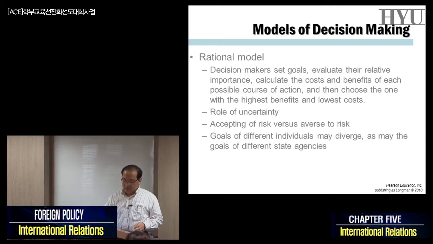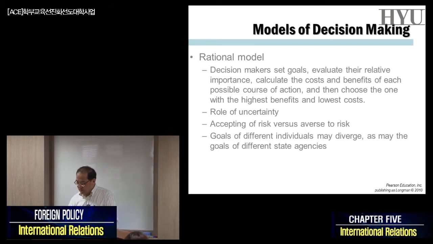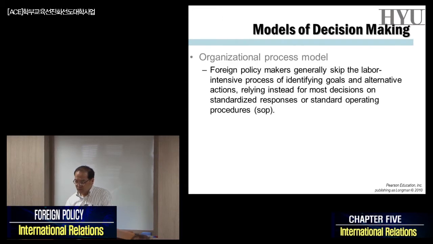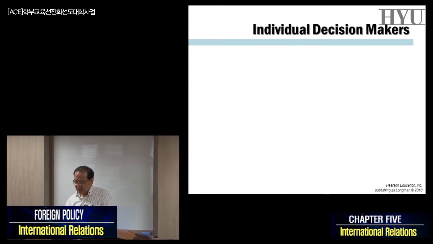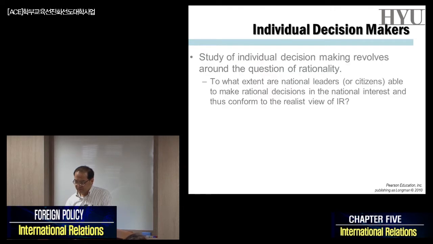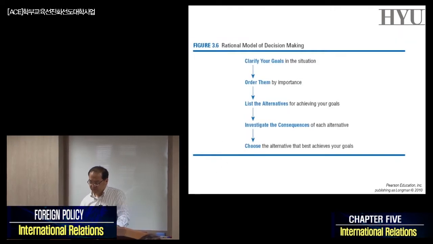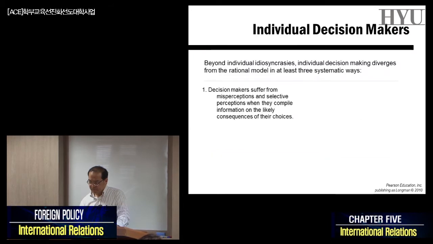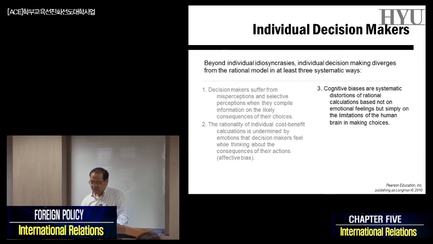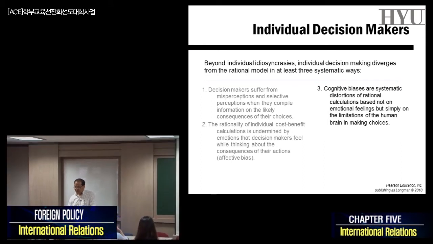So all this, I mentioned several different irrational models here. We will cover this here. Misperceptions first, then cognitive bias.